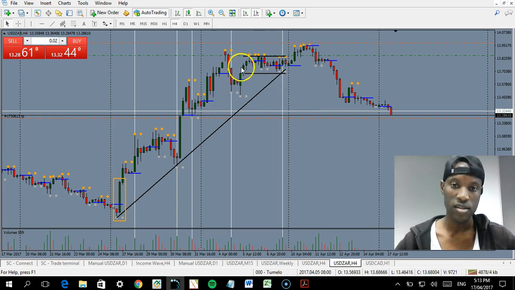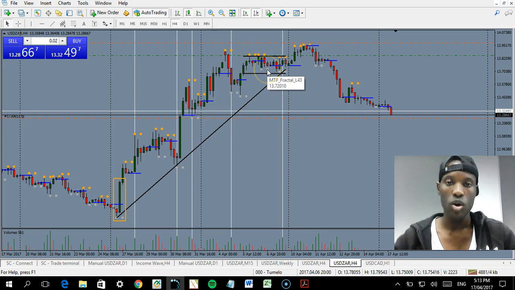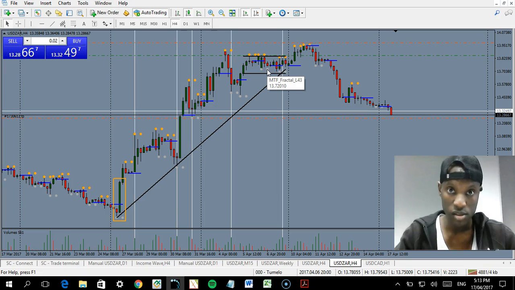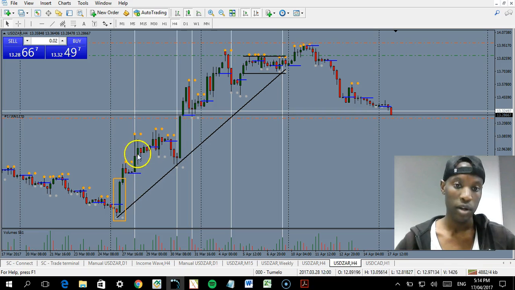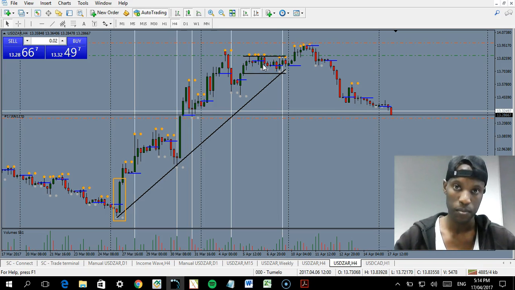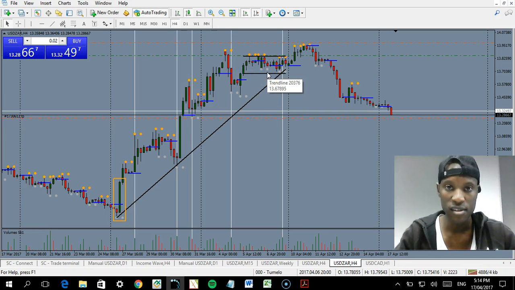The second thing this tells me is that the buyers who are participating in this bullish move are getting ready to close their positions and take their profits. And the third thing is that the banks have paused and are getting ready to sell.